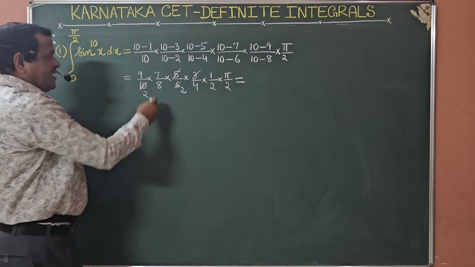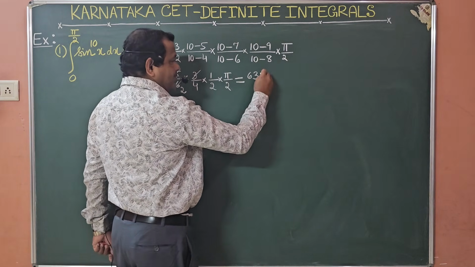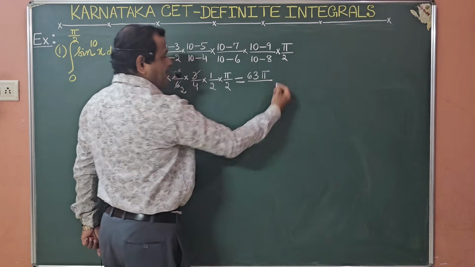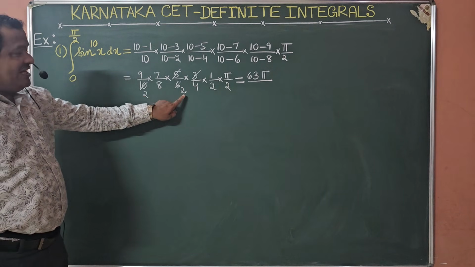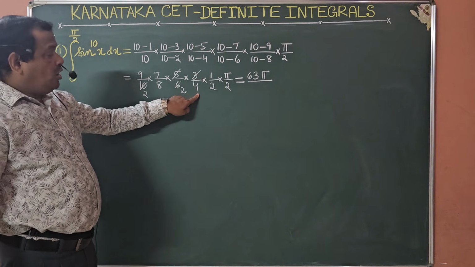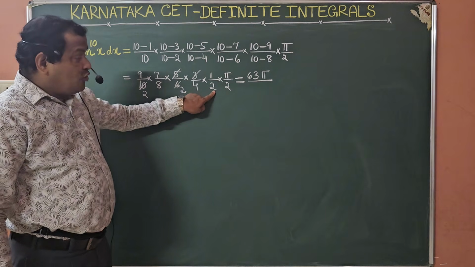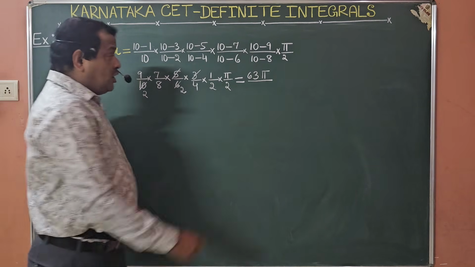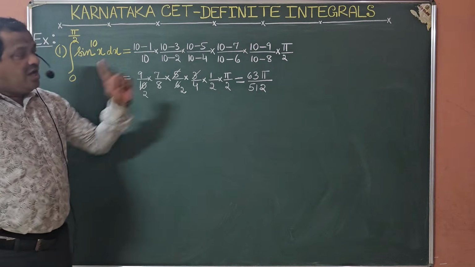The numerator is 9 into 7, 63, and this 5 remains, pi upon 2 into 8, 16, into 2, 32, 32 into 4, 128, 128 into 2, 256, into 2, 512. So this is the final answer.